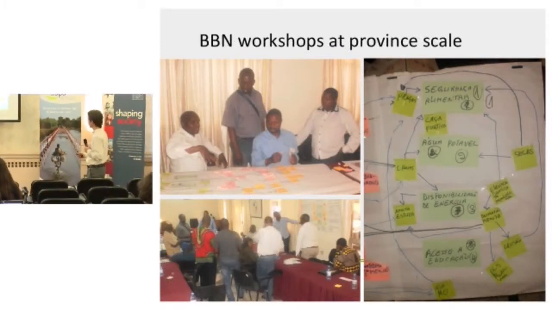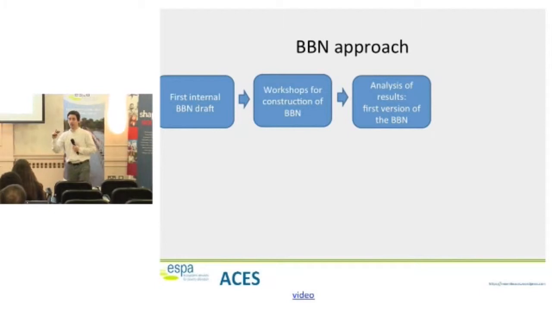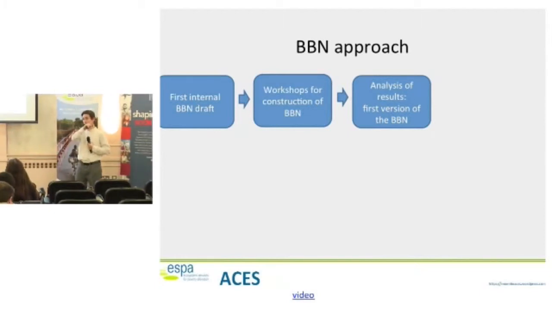So with this, we analyze them, and we collect the most repeated variables in all the different workshops and the variables with most centrality, those that are linked to more variables.